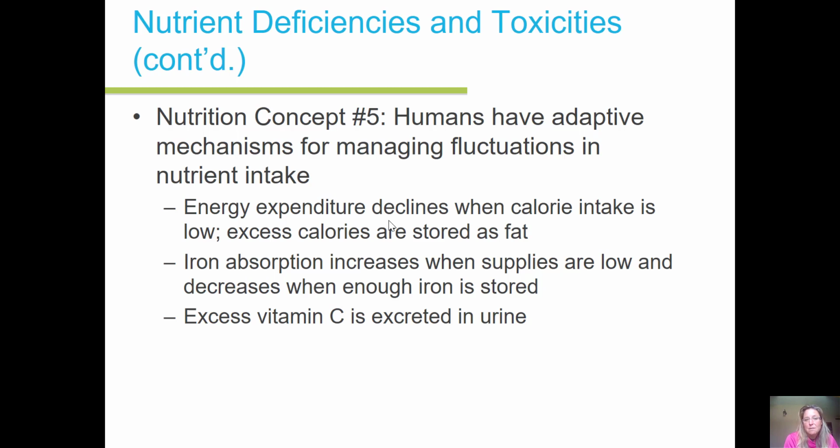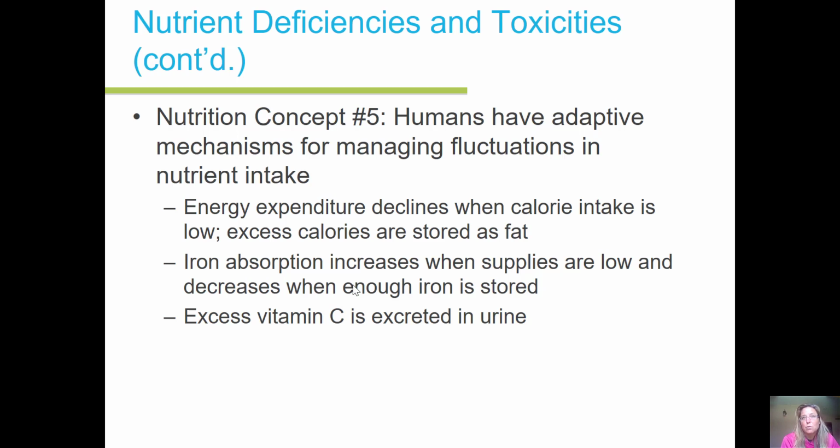And on the flip side, if we consume too many calories, more than what our body actually burns off, your body's going to store those excess calories as fat. So that's an example of how your body just adapts to different mechanisms. Also, another interesting one is your iron. When your iron stores in your body are low and you ingest a food source that's rich in iron, your body will absorb as much iron out of that food source as it can.